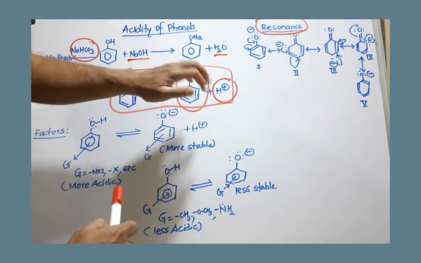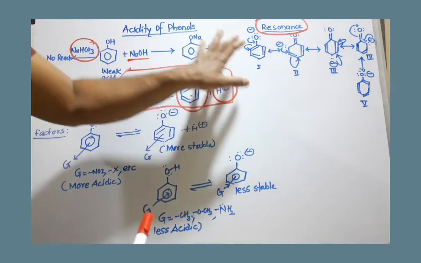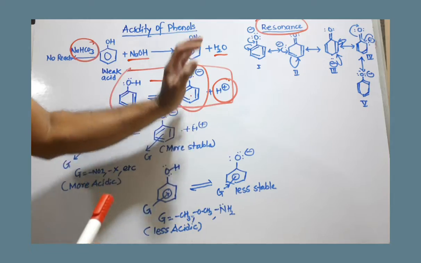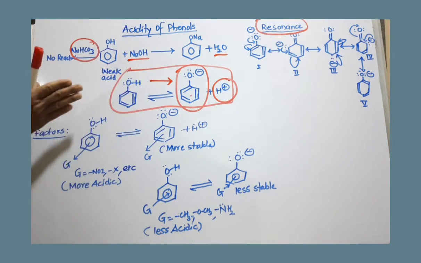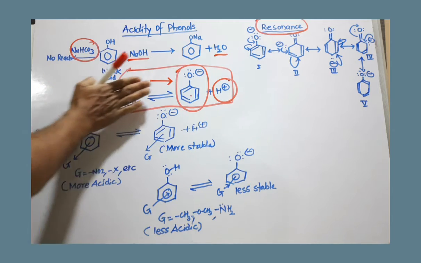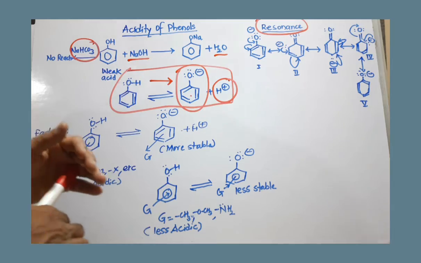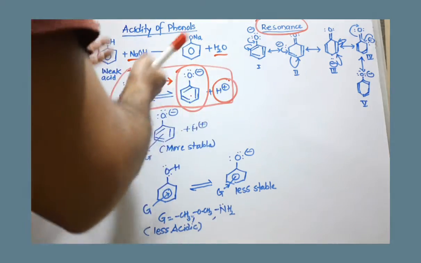That means this negative charge is not concentrated over one atom, but is distributed among other atoms. So it is stabilized by resonance, and because of this phenol can give phenoxide ion more easily. This does not happen in the case of alcohols. This is not possible. Because of that, phenol is more acidic.